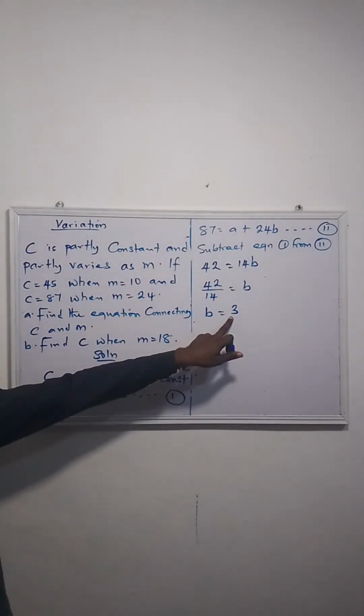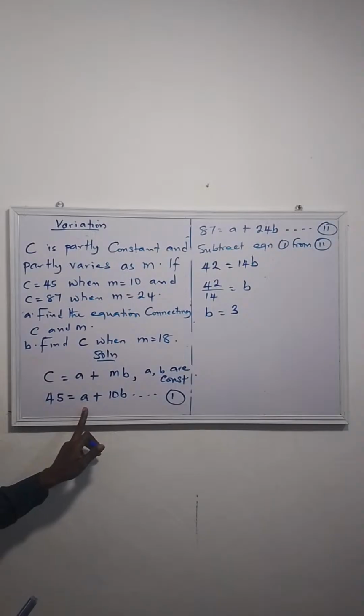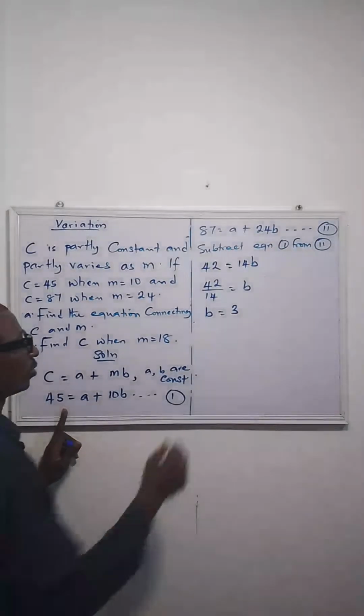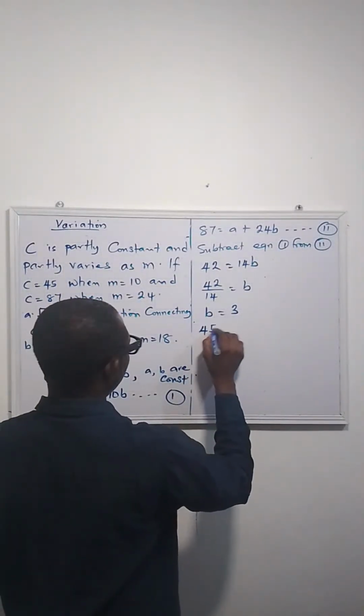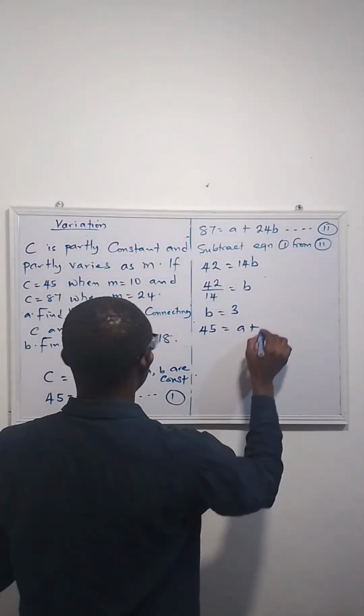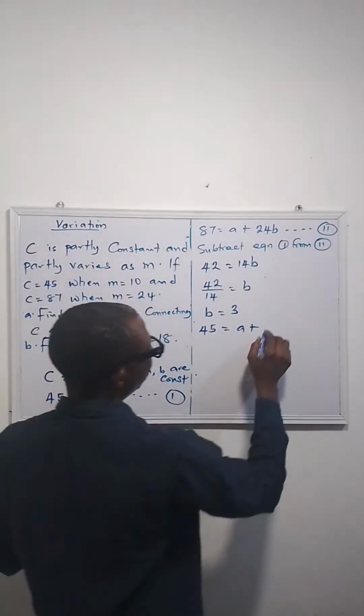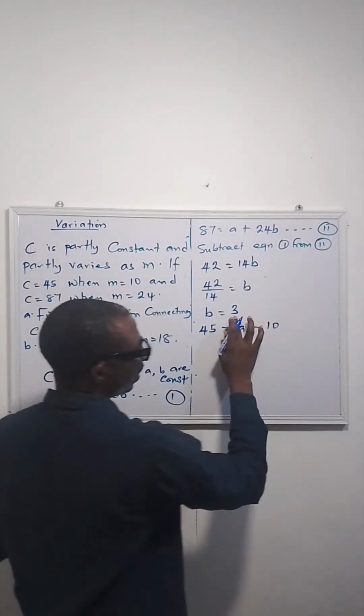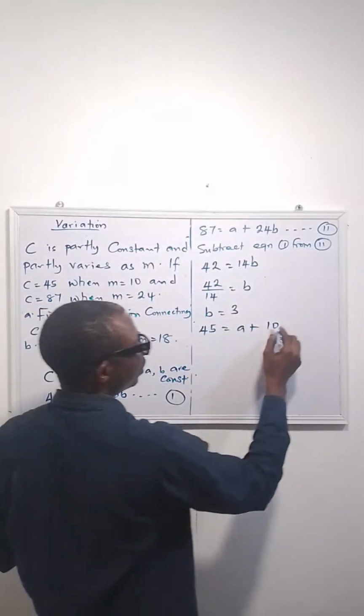Just insert this B into any of the equations, but let's pick equation 1. So we have 45 equals A plus 10B. Instead of writing B, I'm plugging in the value of B, which is 3.